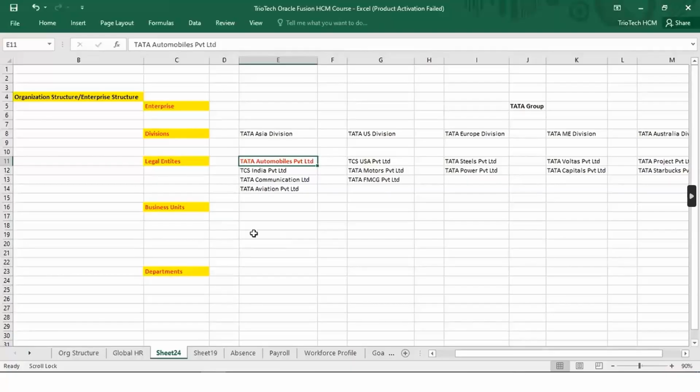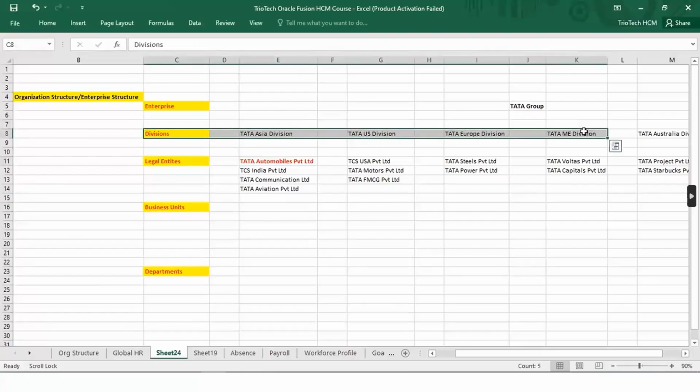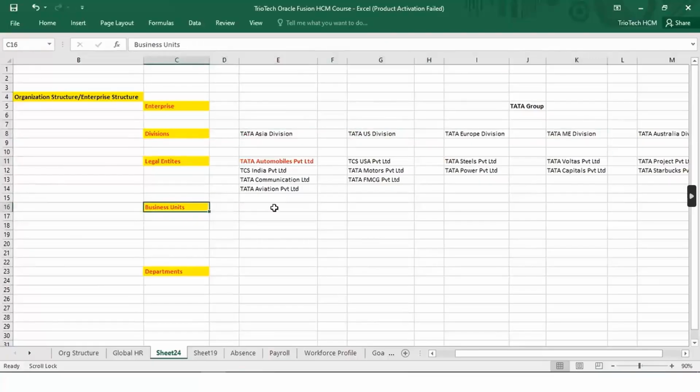You can identify a business unit based upon the business functionality in which that company is operating, or again the location or region specific. How we identify divisions, business units also you can categorize or identify based on business functionality or based on region or location.